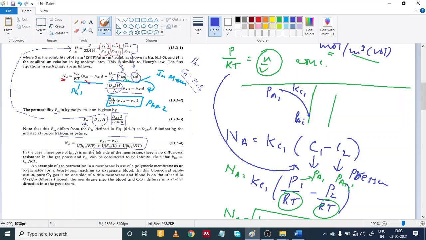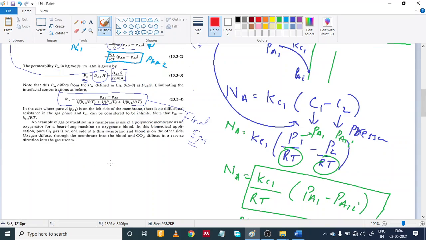It is a simple equation where we get Na equal to the difference in pressure between phase 1 and phase 2, upon 1 upon Kc1 RT plus 1 upon PM over L plus 1 upon Kc2 RT. This is the final resistance equation you all have to remember.